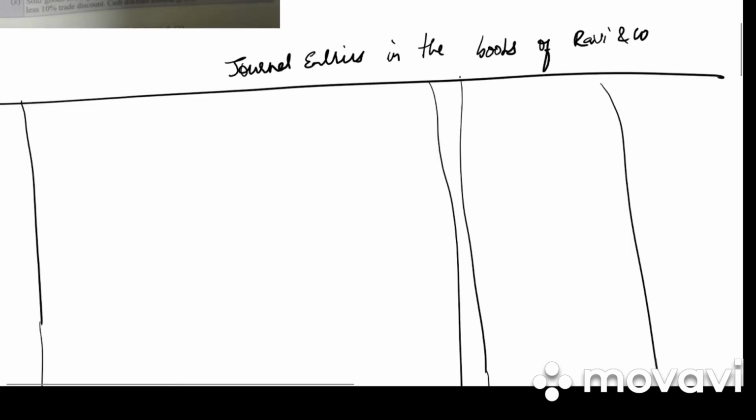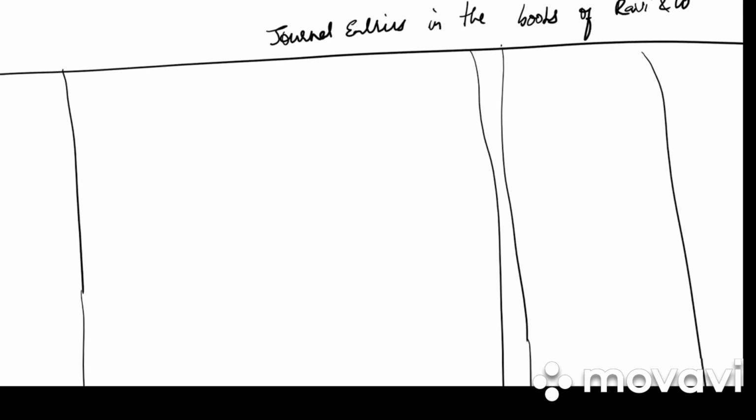journal entries in the books of Ravi and Co. So we have date, particulars, LF, debit and credit. So what is the first journal entry? No dates are given at serial number. Started business with cash and check.